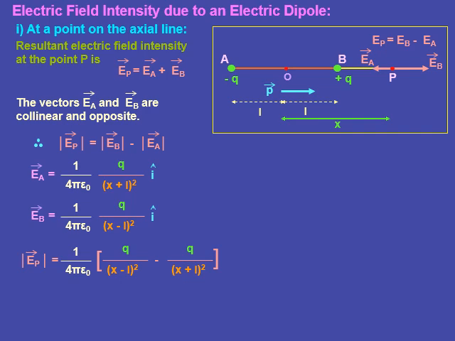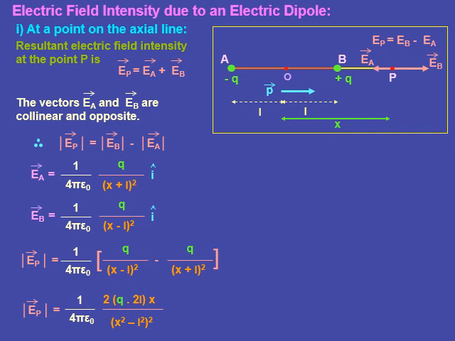So here 1 upon 4 pi epsilon naught is common: Q over (x minus L) whole square minus Q over (x plus L) whole square. If you solve it, using a minus b, a plus b, a square minus b square, you are going to get 1 upon 4 pi epsilon naught, 2 into Q into 2L into x upon (x square minus L square) whole square.